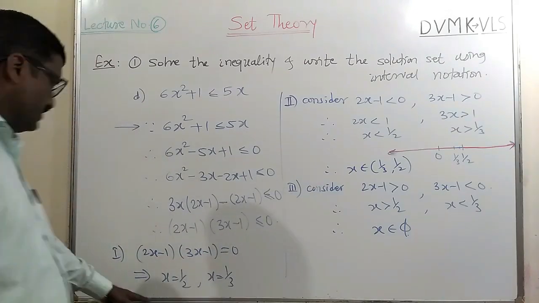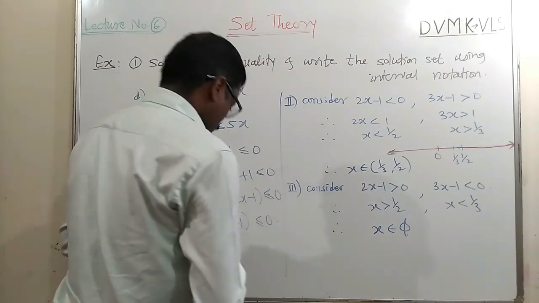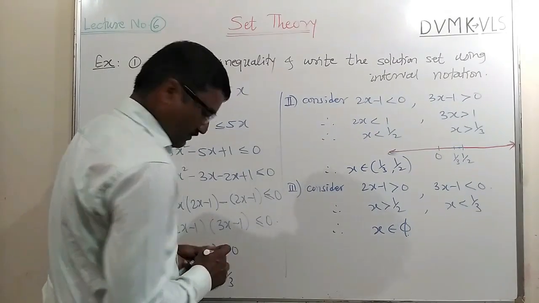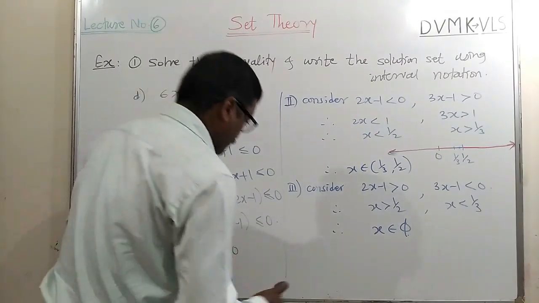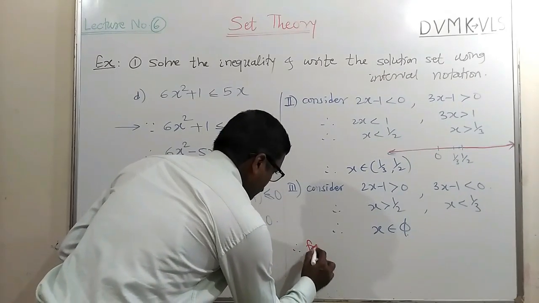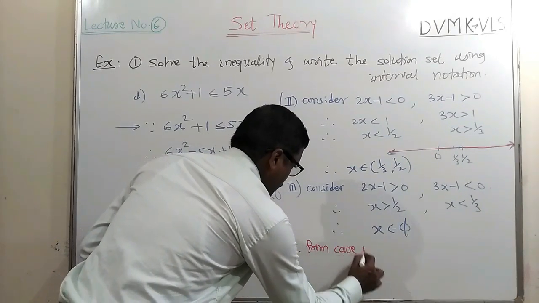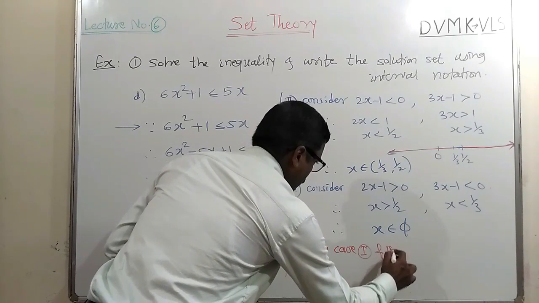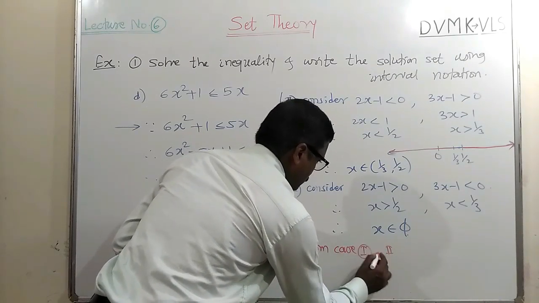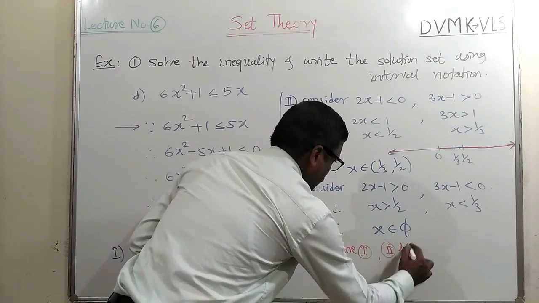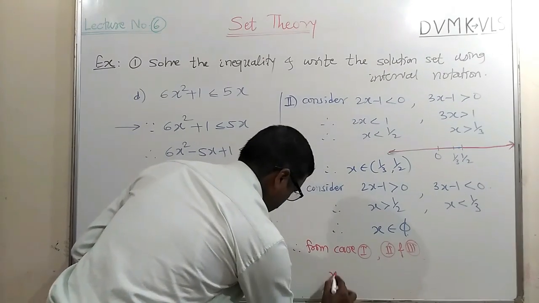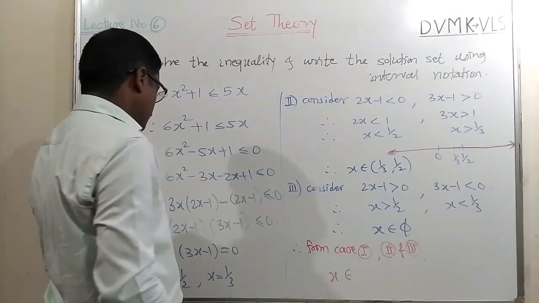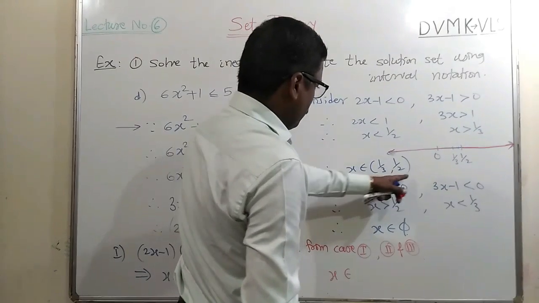So from case 1, 2 and 3, x belongs to x equal to half, x equal to 1/3, open.